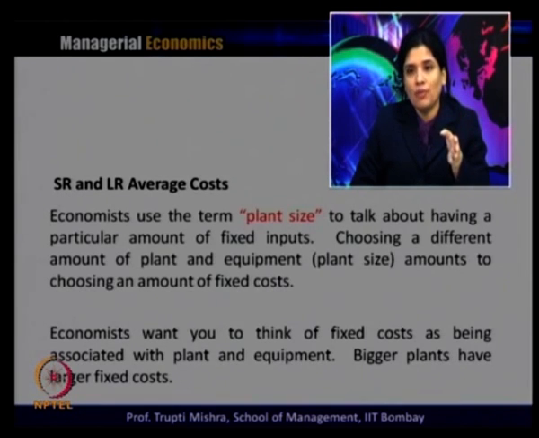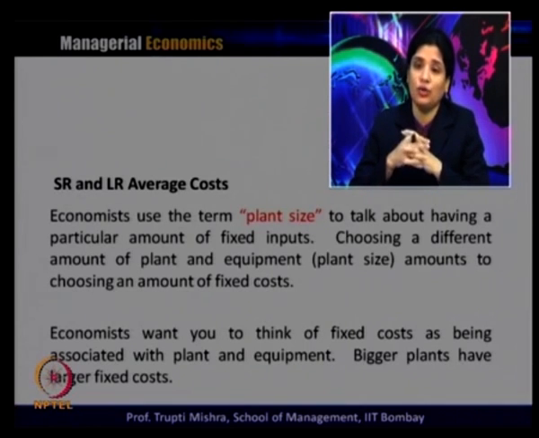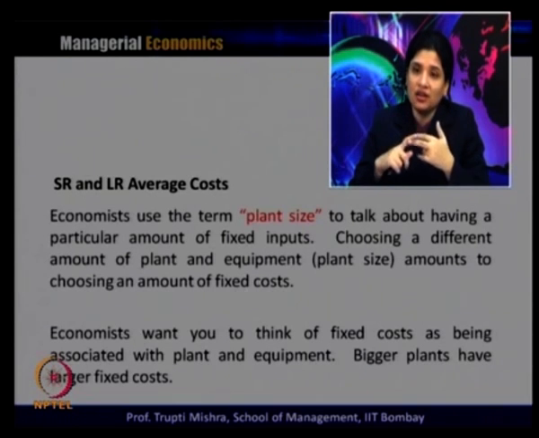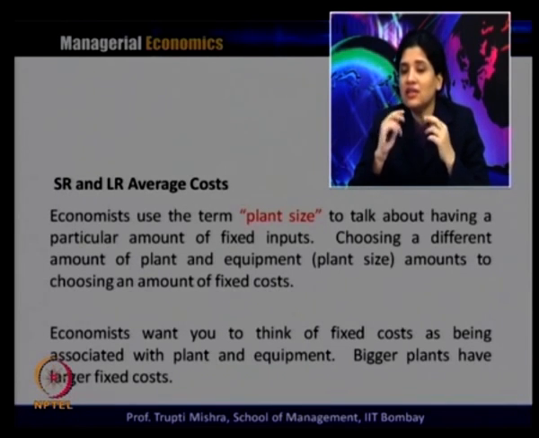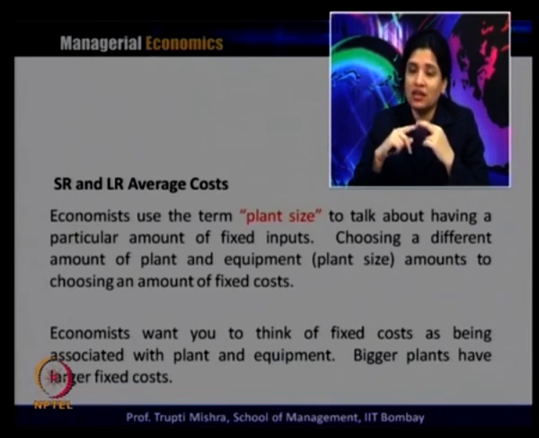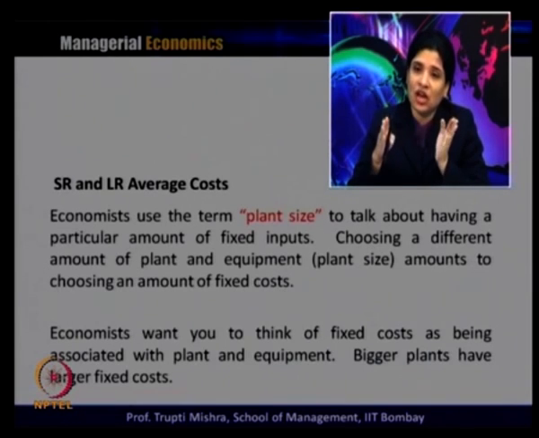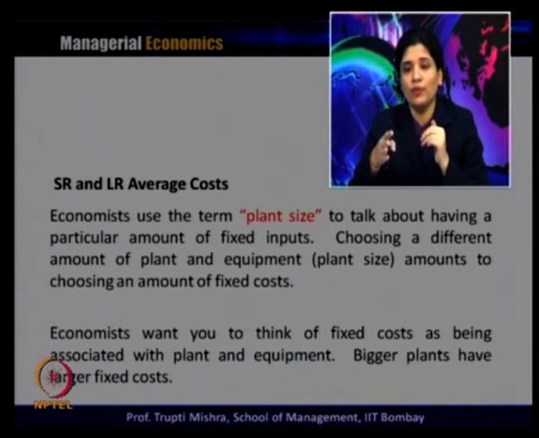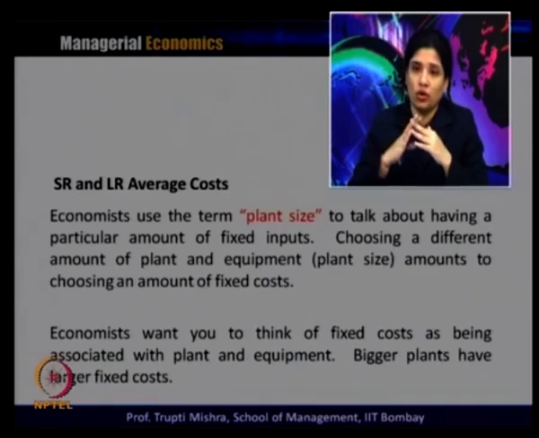If it is a small plant, then maybe a smaller amount of input is required, and that correspondingly leads to the amount of fixed cost. So, if it is a large plant, there is a large fixed cost. If it is a small plant, that is a small fixed cost. Since we use the term plant size, if the plant size is large, fixed cost is more, and it lies on a different short run cost curve.